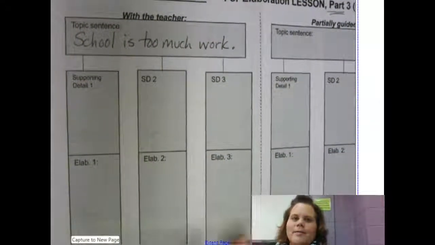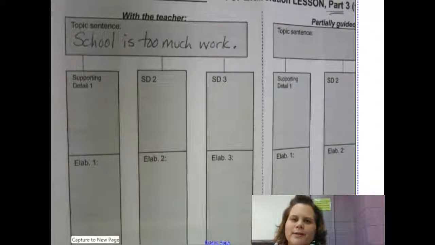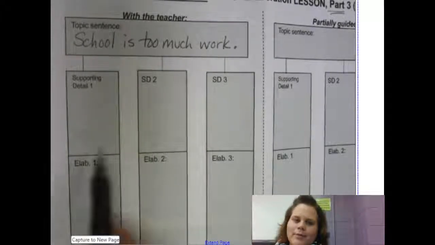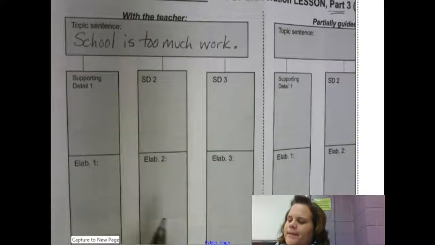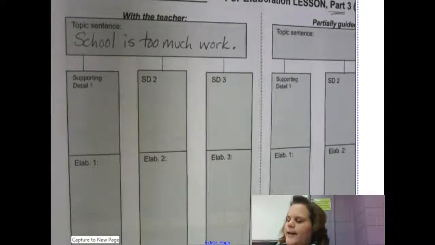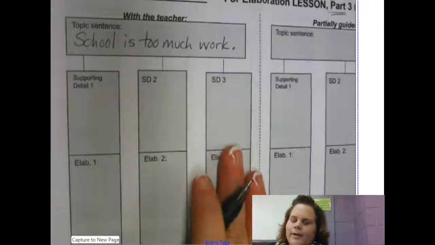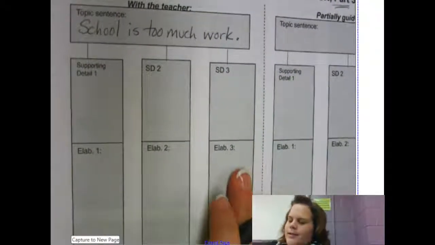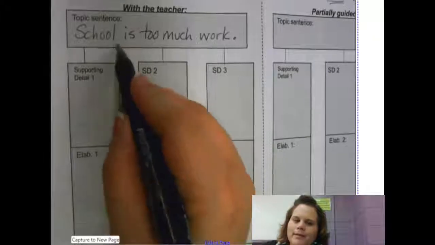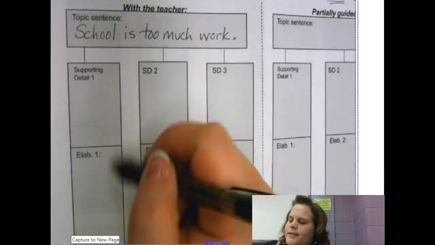When we're looking at this, I want you to think about what types of elaboration would fit best. If clarification doesn't fit because it's a little too simplistic, then don't worry about it. But reasons can help, examples can help, anything, stories, anything like that. So we're going to write one together, and the goal is you want to support this statement and then elaborate.